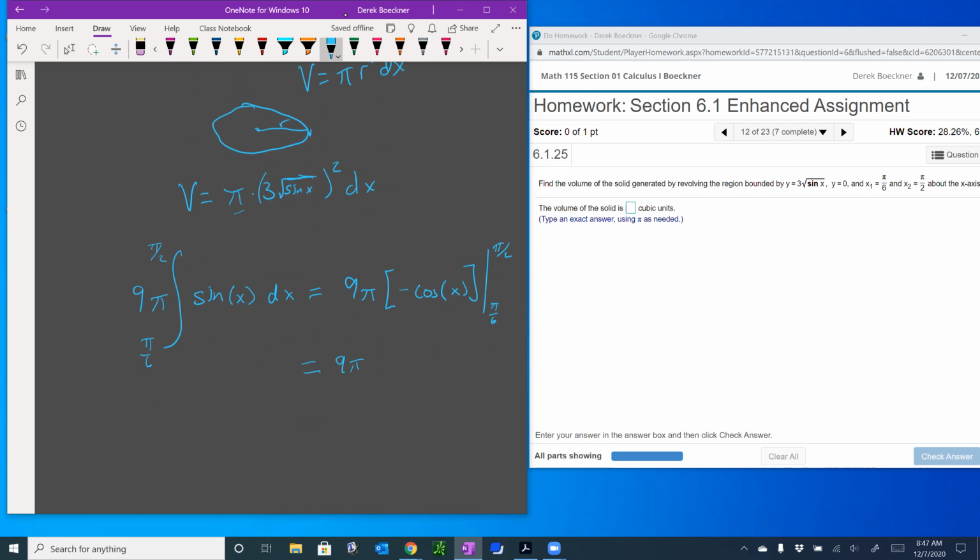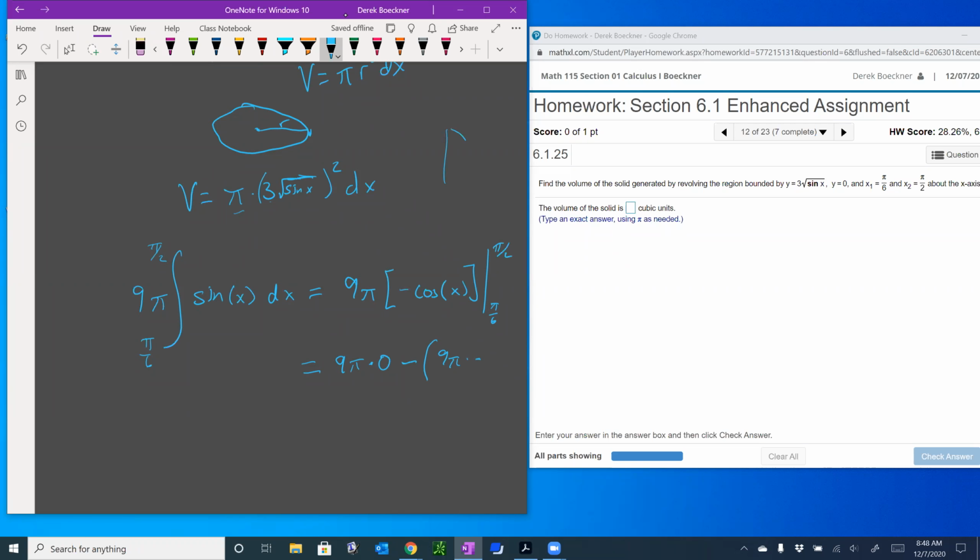Cosine of pi over 2 is 0. Negative 0 is still 0. And then I have to subtract off 9 pi times negative the cosine of pi over 6.